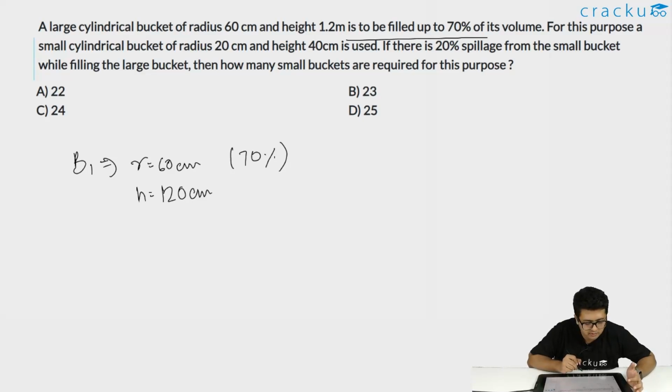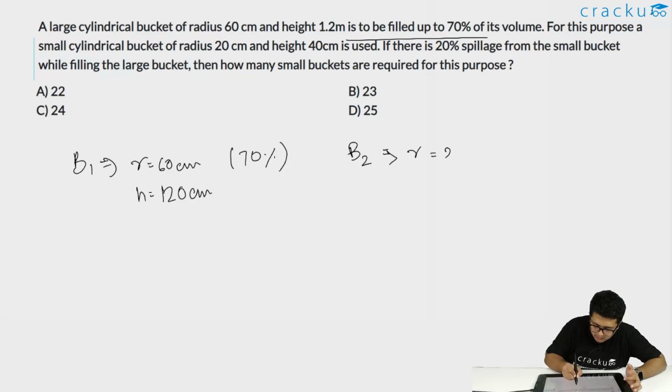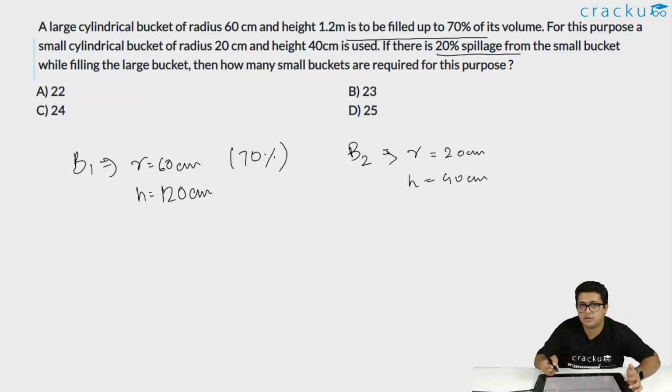For this purpose, a smaller cylindrical bucket, so there's a second bucket of radius 20 centimeters and height 40 centimeters, right? And there is 20% spillage. That means it can carry, let's say on average, only about 80% of its volume, because 20% would be spilled. So there's an 80% carrying of the volume.